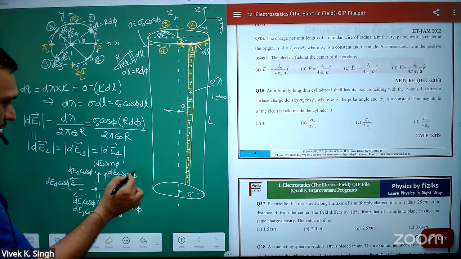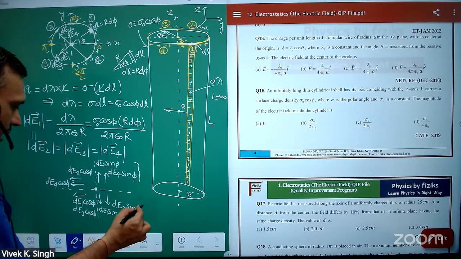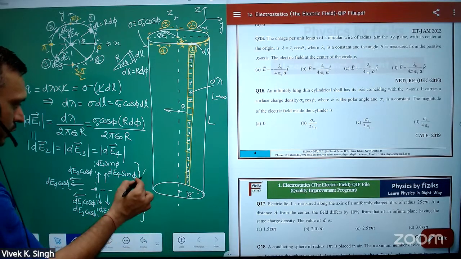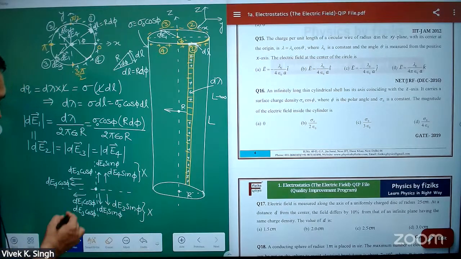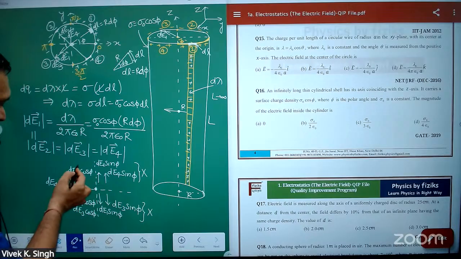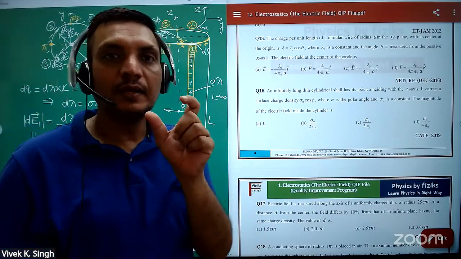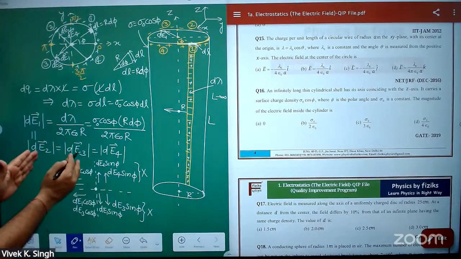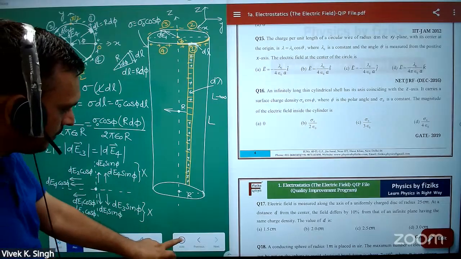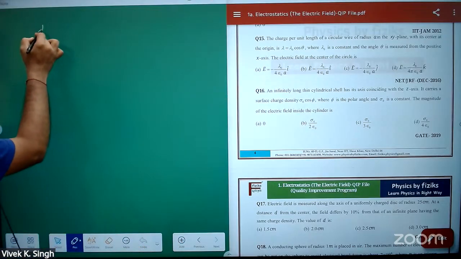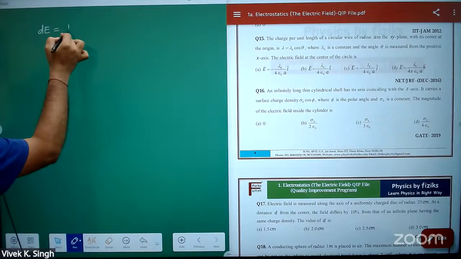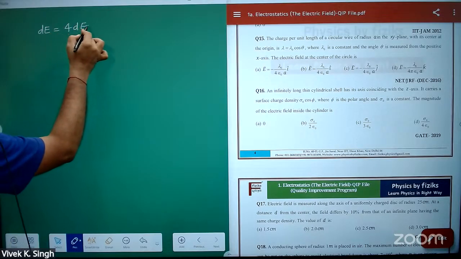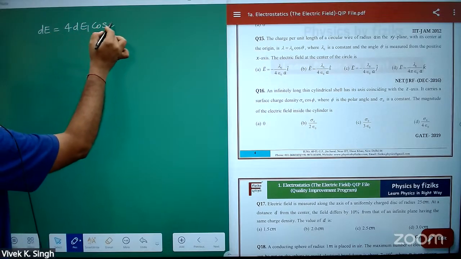So these components will cancel out. Just see, they are equal and opposite. So these two components will cancel out, and then the resultant field magnitude will be 4 dE1 cos phi. So now we have to calculate 4 dE1 cos phi. The resultant dE is given by 4 dE1 cos phi.